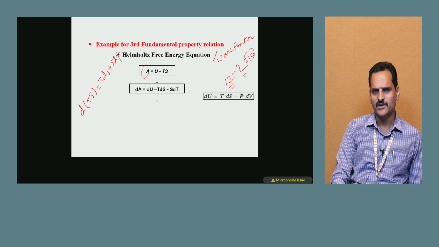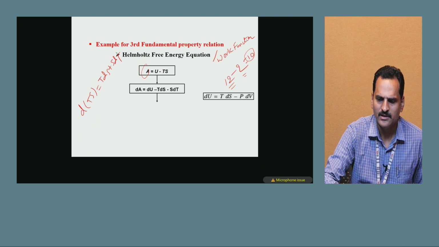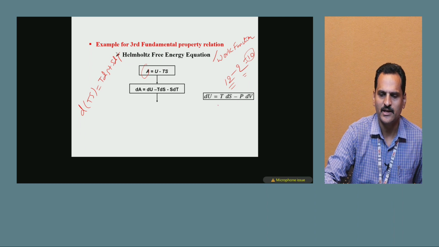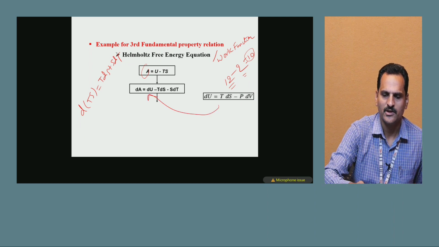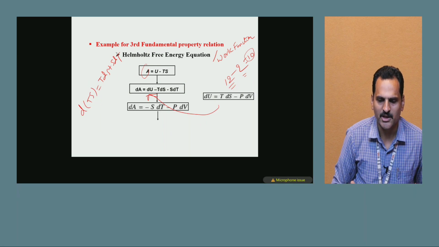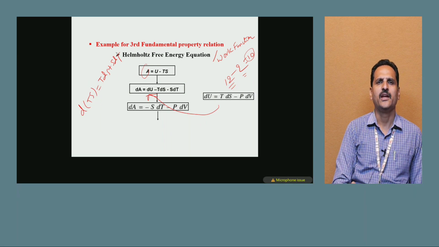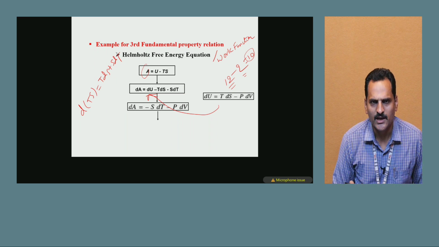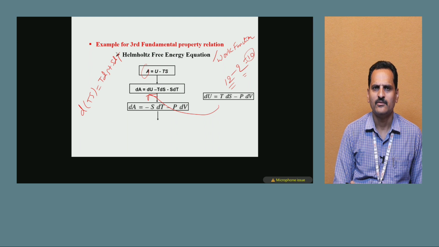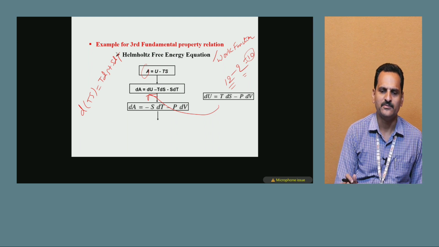In the previous first fundamental property equation, dU is equal to TdS minus PdV. Substitute this expression here, and we get the final fundamental property equation for Helmholtz free energy in terms of temperature, pressure, volume and entropy.